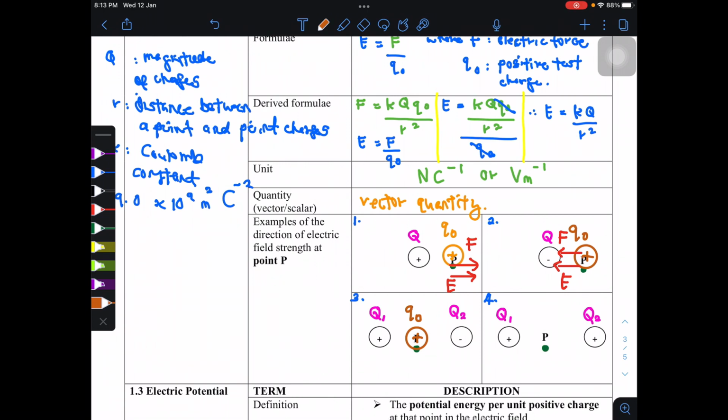Now you need to show the direction of E. First of all, you can show the direction of the electric force first.